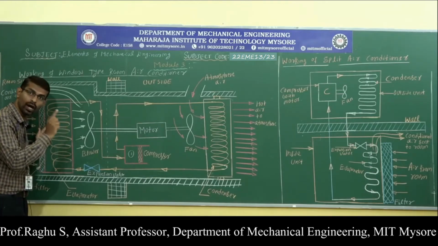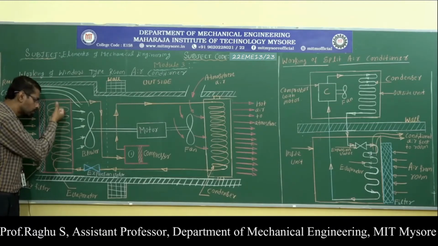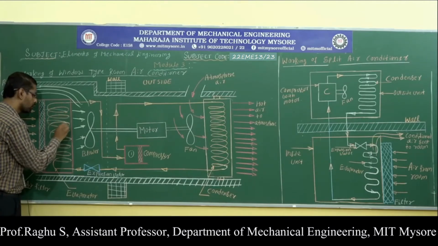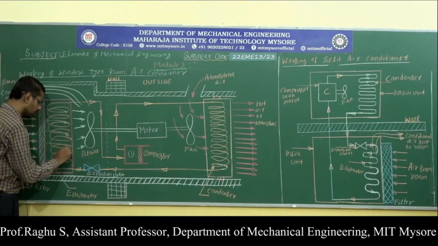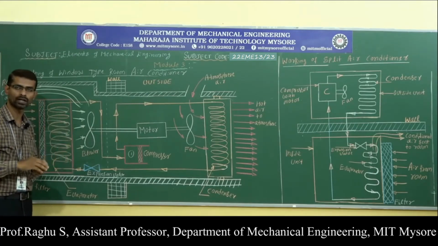Inside the evaporator tube, we have cold liquid, meaning cold refrigerant. That cold refrigerant absorbs the heat. So here, this is the hot air from the room flowing over the evaporator tubes.